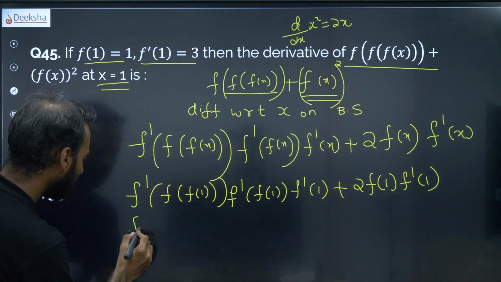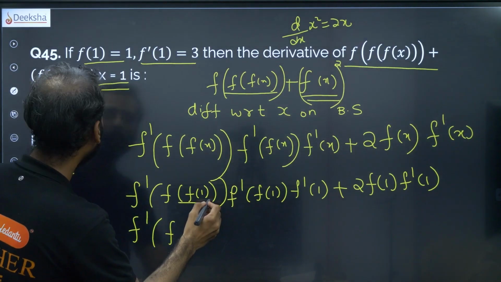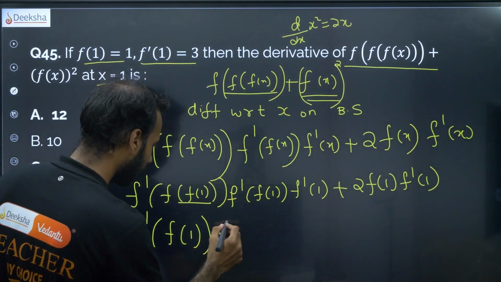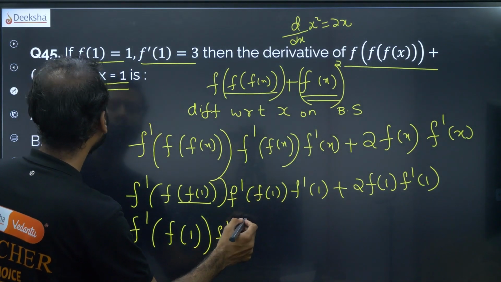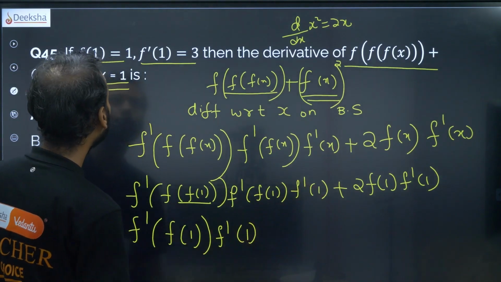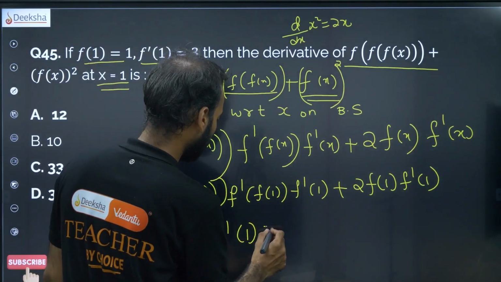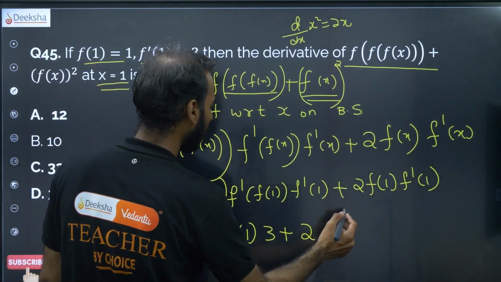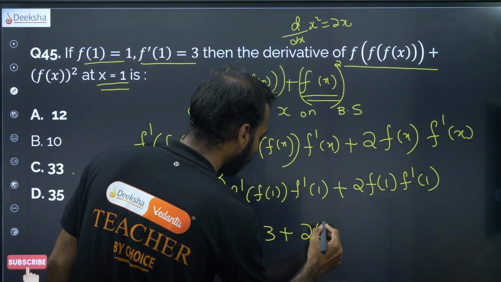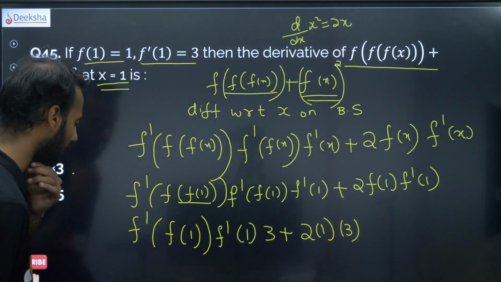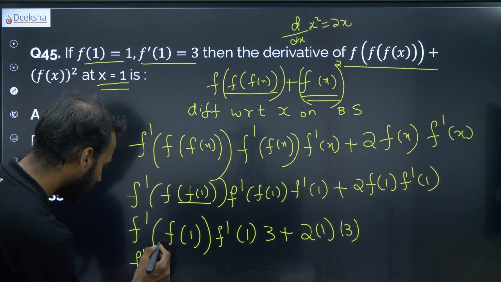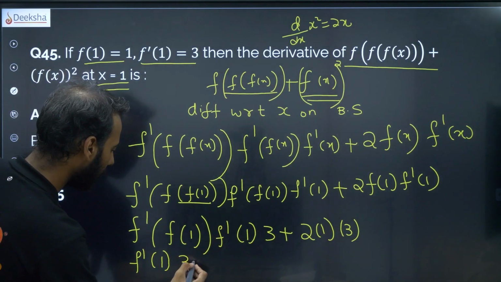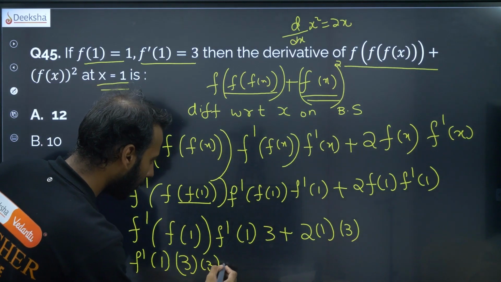Next, f dash of f of 1 is f dash of 1 is 3, plus 2. F of 1 value is 1. F dash of 1 value is 3. 1 and 3. Next, f dash of f of 1 is f dash of 1, which is 3, and one more 3, plus 6.